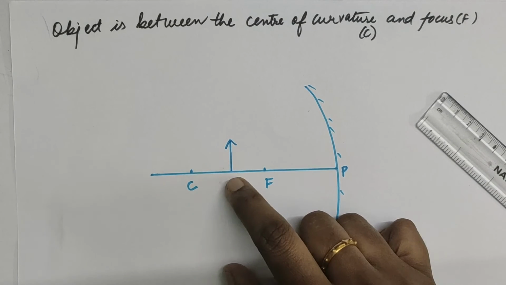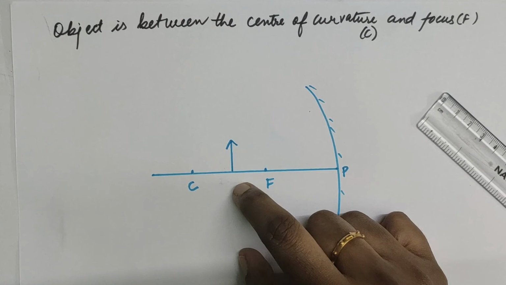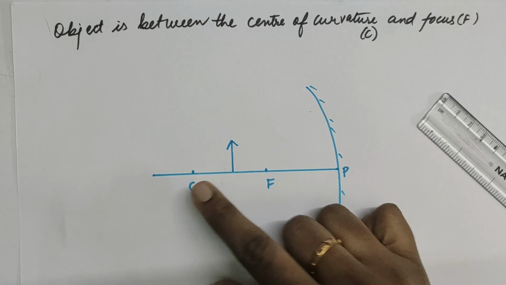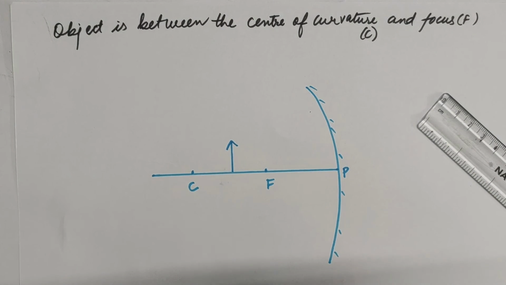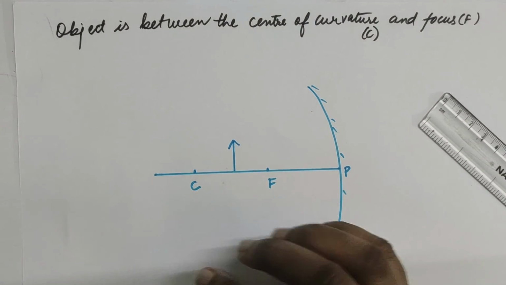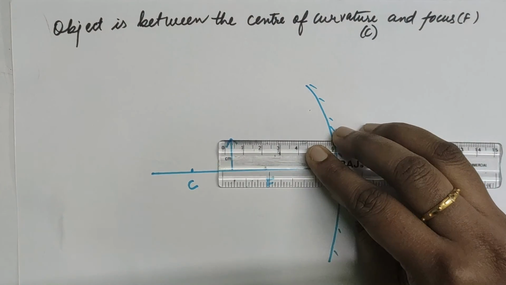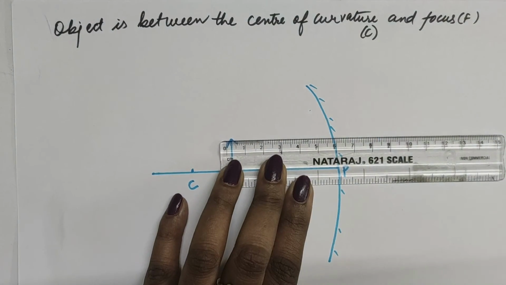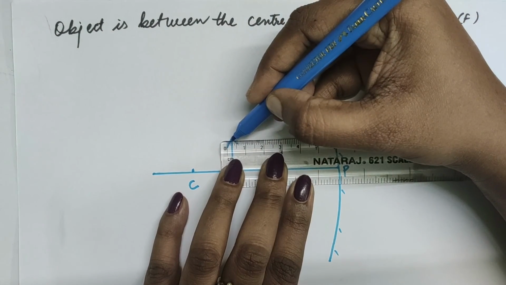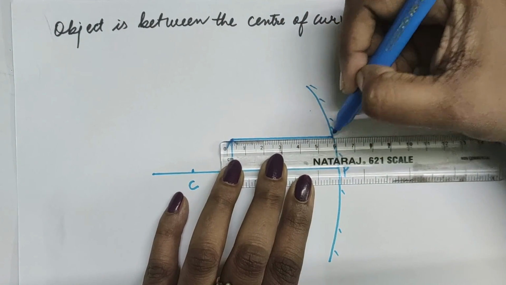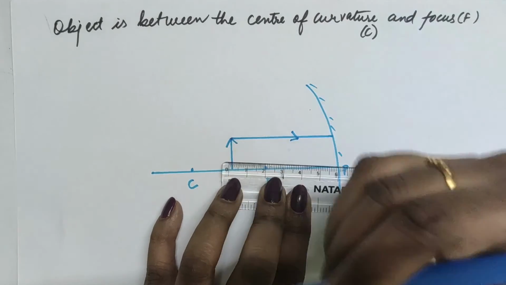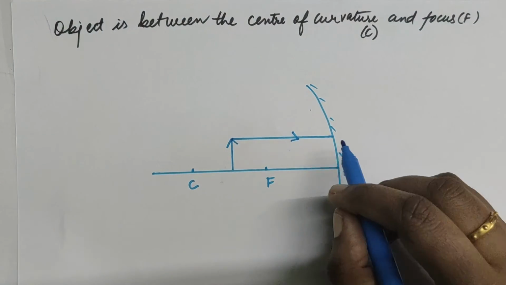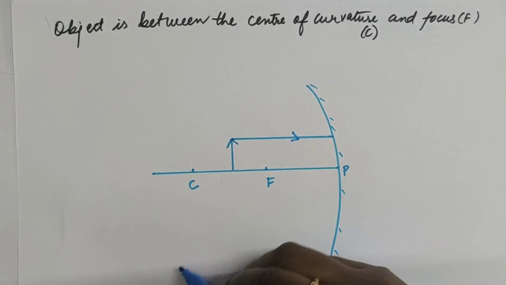According to the question, I have placed the object between the center of curvature and the focus. Now, using the principles that I told, we are going to take 2 rays for simplicity. One I will be drawing parallel to the principal axis. So, if this is the head of the object, I take a line which is parallel to the principal axis. And you know that when a line is parallel to the principal axis, it will pass through the focus.